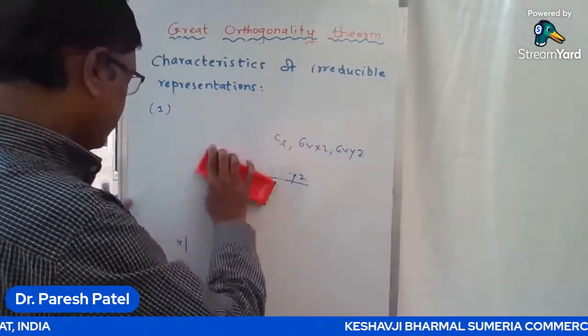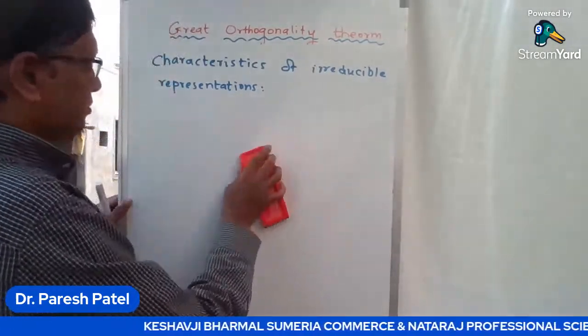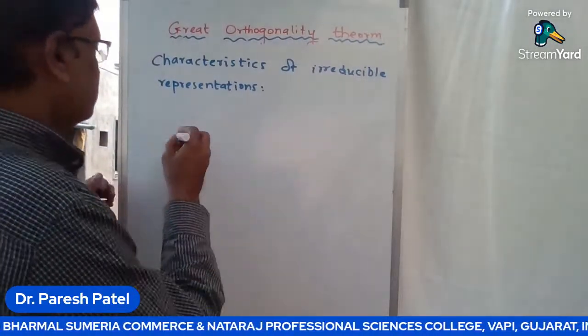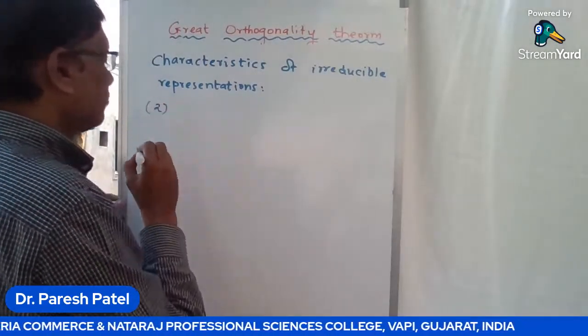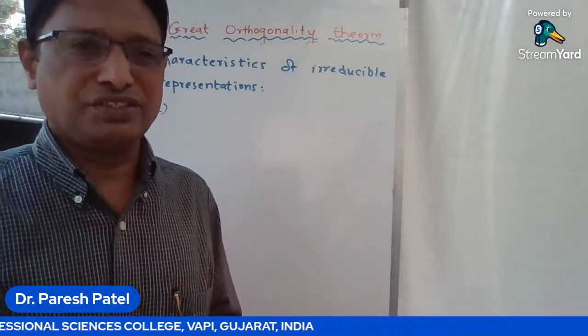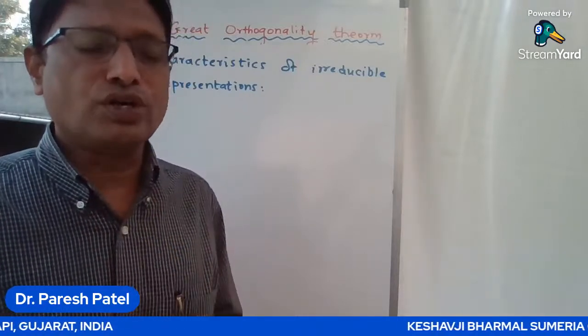Second characteristic or property of irreducible representations: the sum of the square of the dimension is equal to the order of a group.